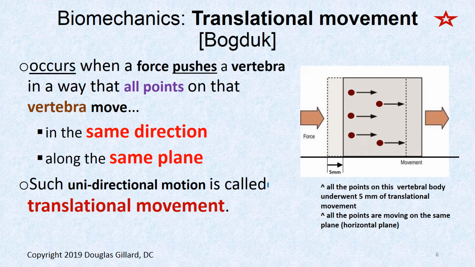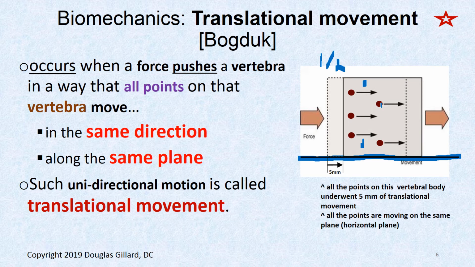Again, translational motion occurs when a force pushes a vertebra in a way that makes all the points on that vertebra move in the same plane and in the same direction. So if we have a block sitting on a floor, a straight piece of plywood, and we push the block forward, let's say the force is only going to move it a half inch.